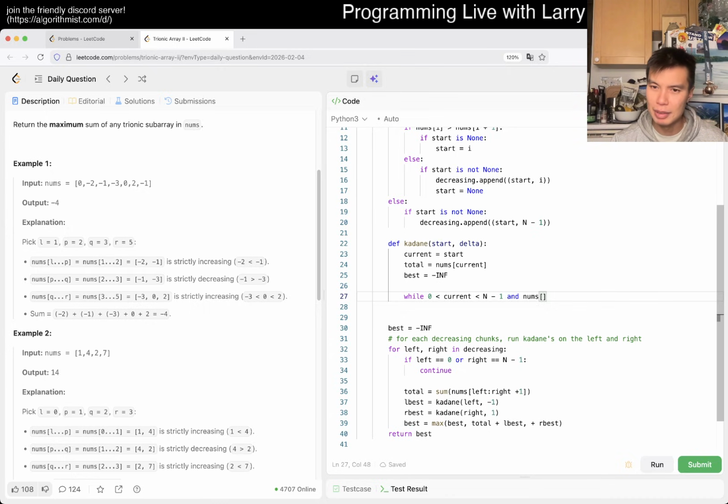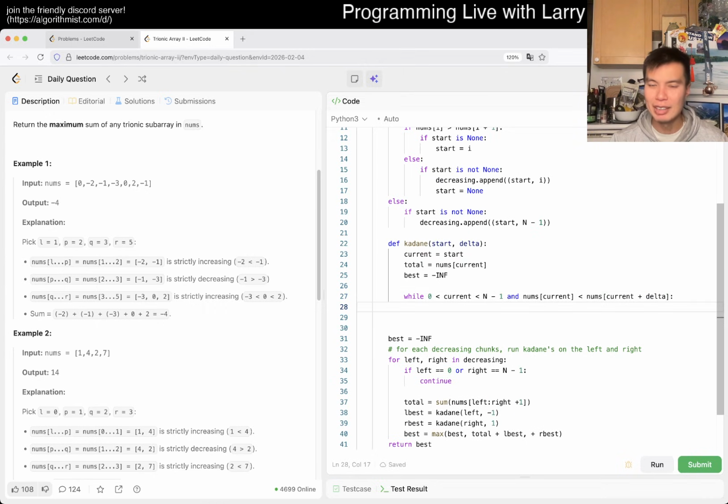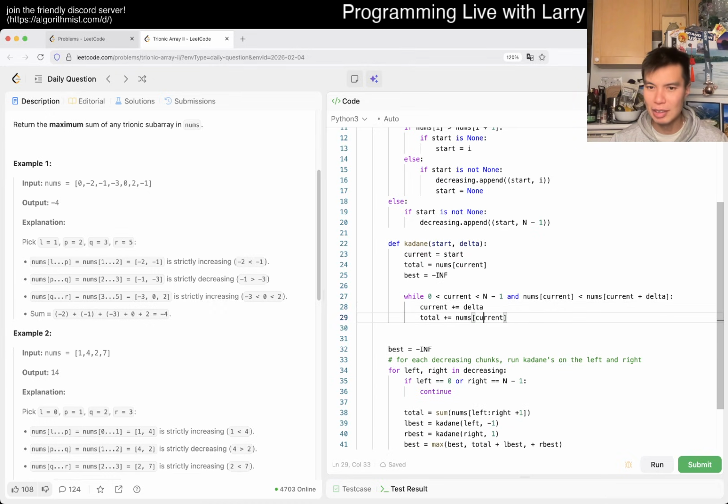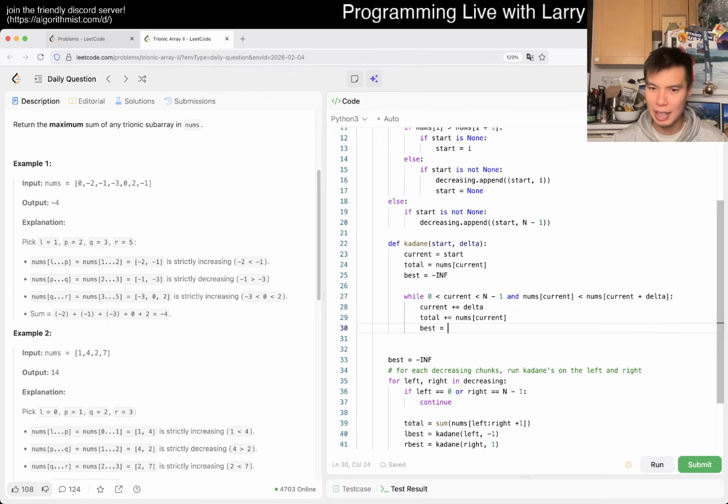So num sub current has to be less than the next number, which is current plus delta. Then we are good, and if we're good, then we add num sub current plus delta to the total, and we check the best number. Of course we only do it after we do this loop once, so that we don't just pick one number, because one number is not going to do it.